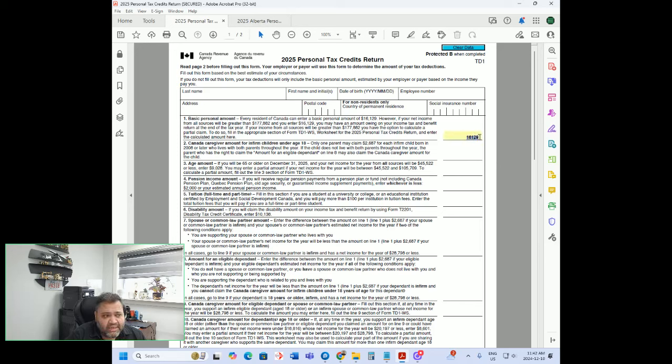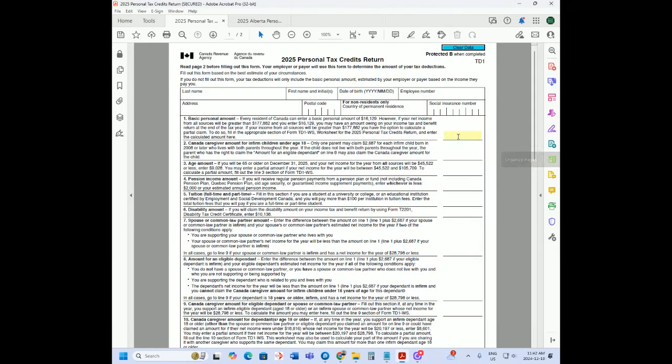You cannot use 16,129 again in your second job, and the reason is because you have already used this up with your first employer. You already told your employer, please don't deduct tax on the 16,129. What they did was they have spread out the 16,129 over the year, over the months, and they haven't deducted taxes on it.